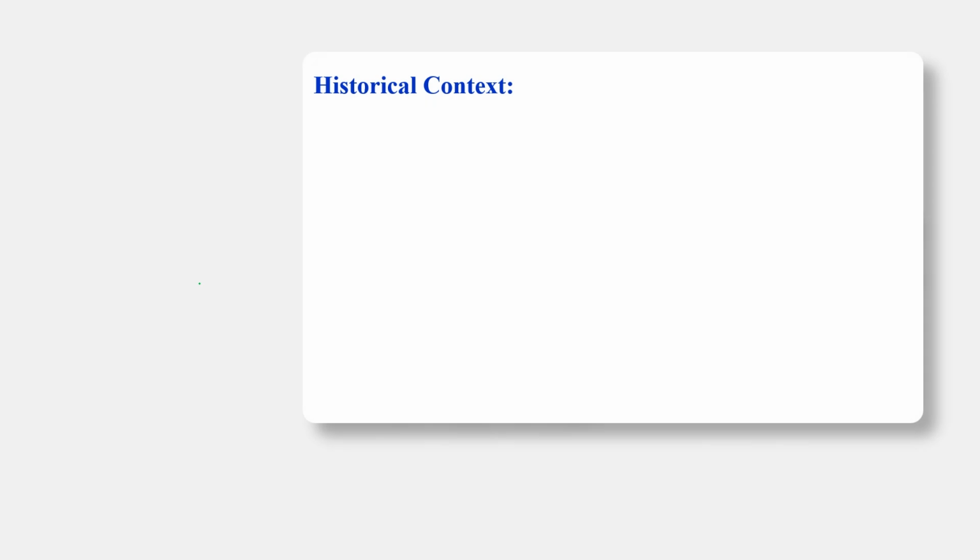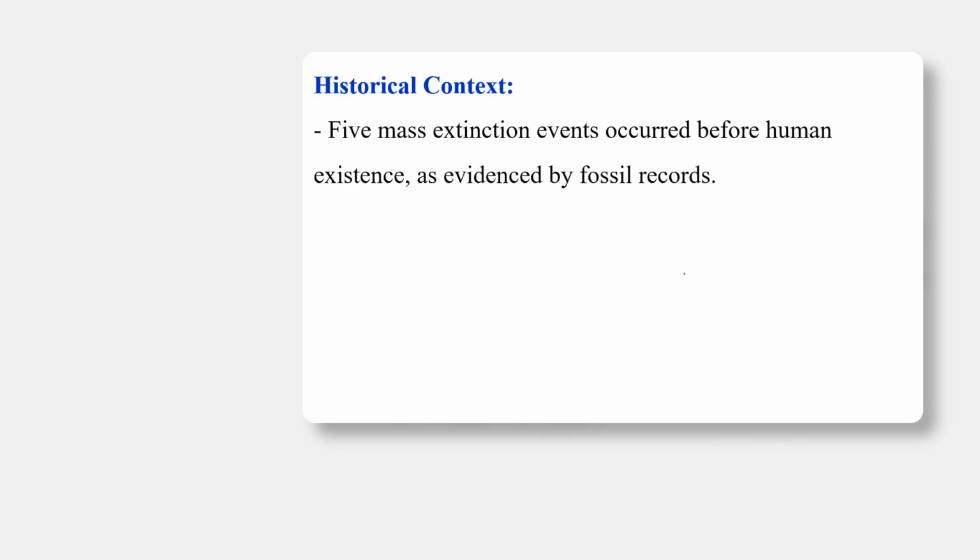Now, historical context. If we look at the historical context, five mass extinctions already occurred before human existence, as evident from the fossil record.